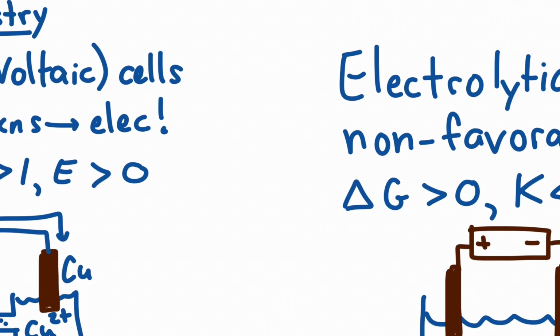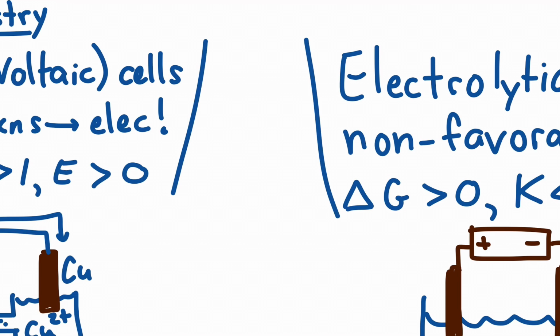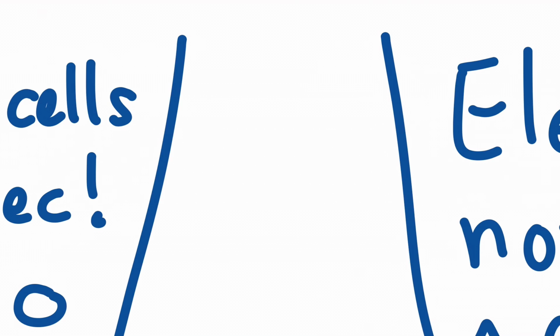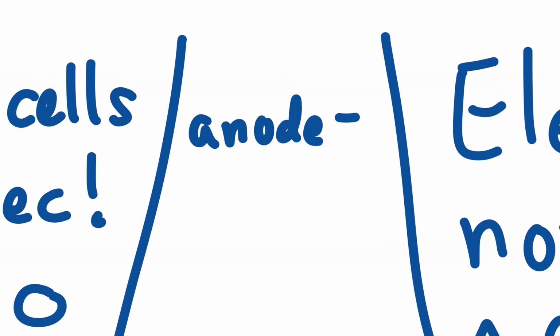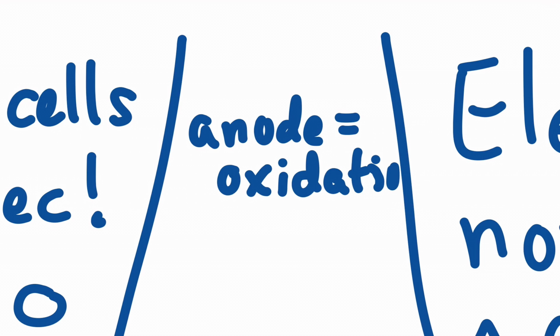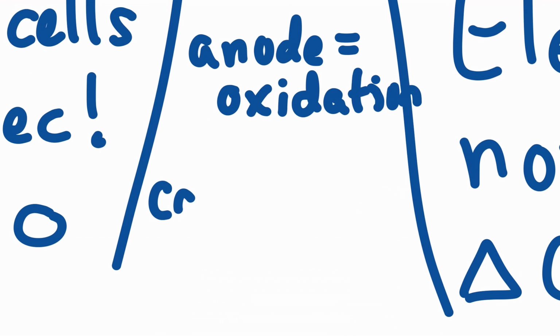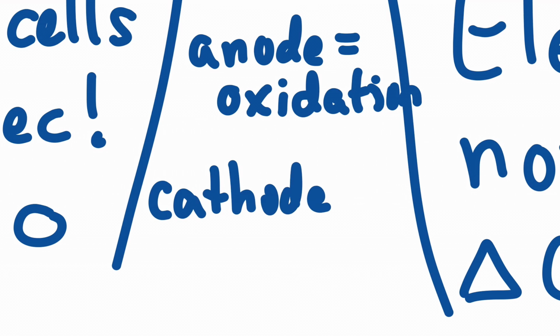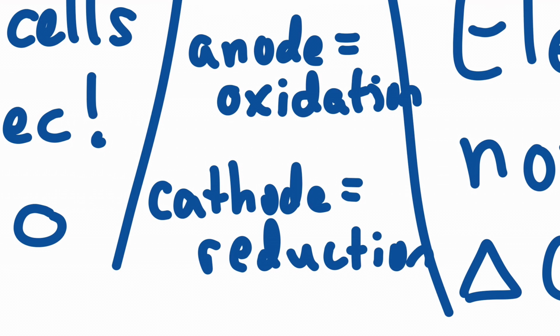There's a couple of features that are unique to both voltaic and electrolytic cells that I'll just put in between. Number 1, the anode is always the site of oxidation. The cathode is always the site of reduction. That's true no matter what cell you're talking about.